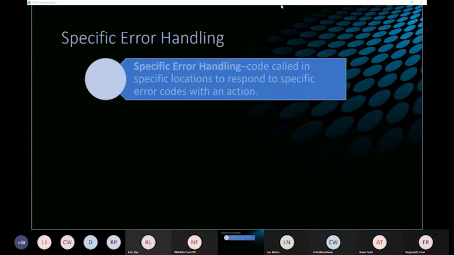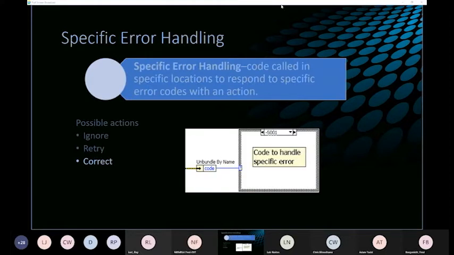Specific error handling is code that you call in specific areas of your application to respond to specific error codes. Possible actions that you may take: you could choose to ignore the error, you could retry your operation that had the error, or you can correct the error. Here's an example where we have unbundled the error code from the error wire.